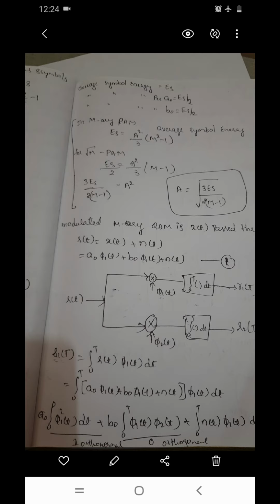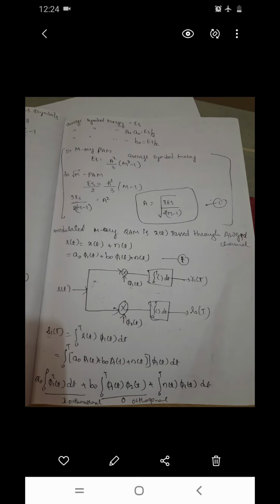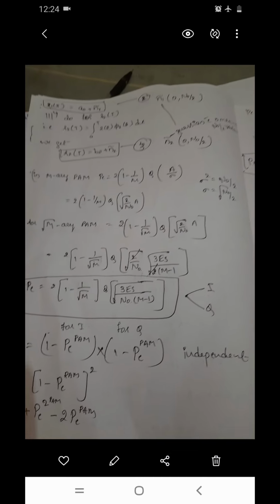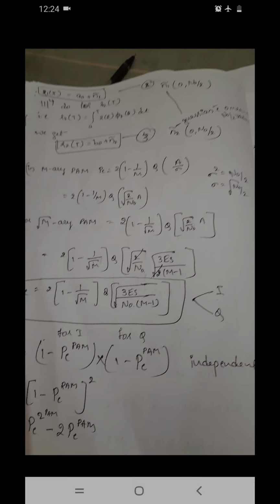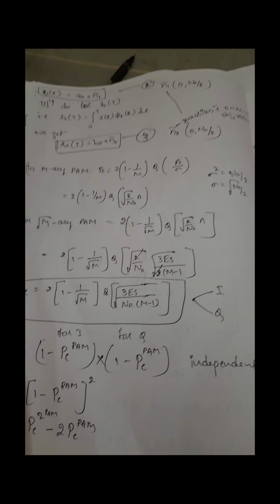So put the value there. If you solve this, you will get r1 equal to a0 plus n1, where n1 is Gaussian with zero mean and N0 by 2 variance. Similarly, solving for r2, it will be b0 plus n2.